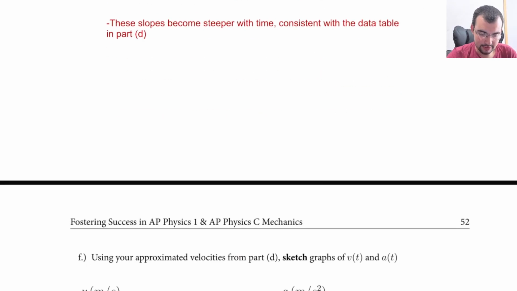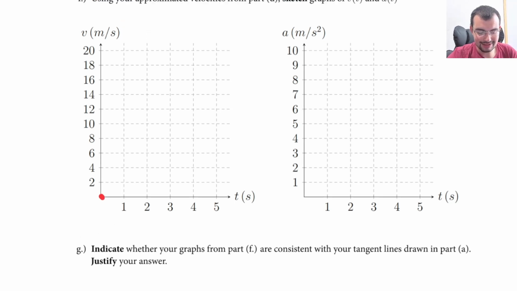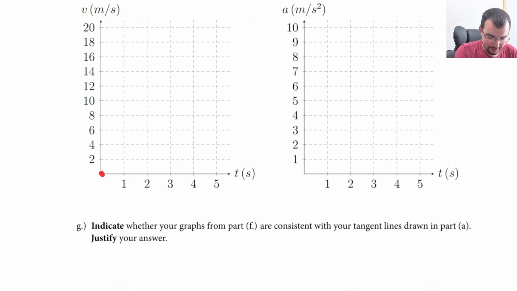We started from rest, so there's no velocity at 0. And then we're estimating at every half. So at 0.5, we estimated the velocity to be 2. At 1.5, we estimated the velocity to be 6. Then we estimated the velocity to be 10, then 14, then 18.